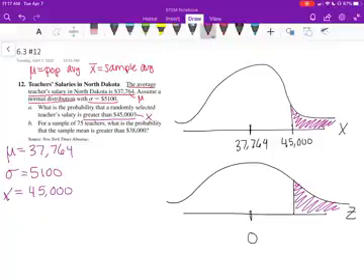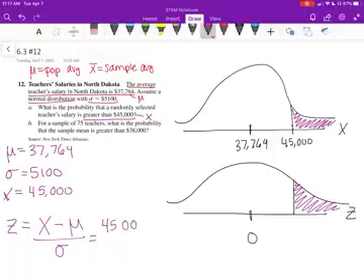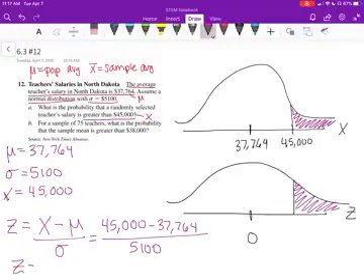So remember your formula, z is equal to x minus mu over sigma, which means 45,000 minus mu, which is 37,764, divided by sigma, which is 5,100. Plug that in our calculator.